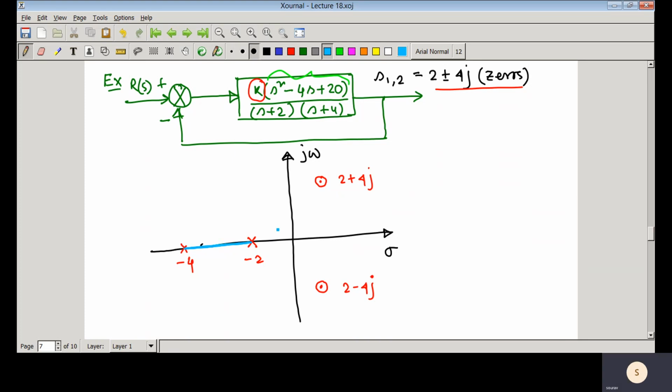You can see that whenever k equals 0, the closed loop poles would be the open loop poles.